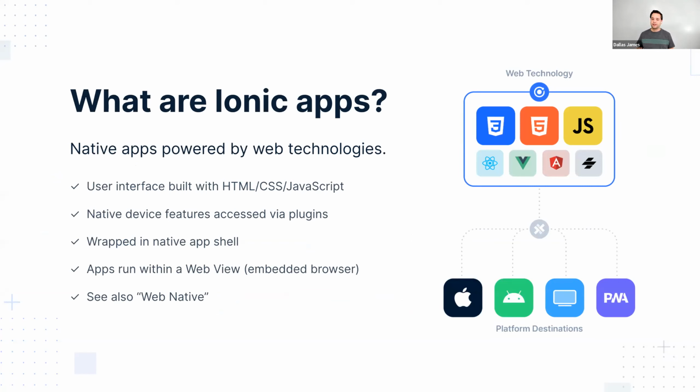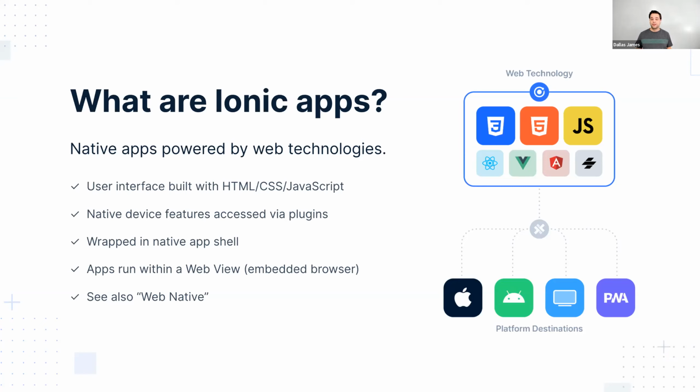That means all of the interfaces, all of the user experiences are built with web technologies that are incredibly familiar to lots of developers, but it still has the full functionality and power of all of the device features that are available to hardware devices. All of this is done using our Capacitor technology, which is essentially a native shell or a bridge that allows your web technology to communicate with all of these native plugins on the device.